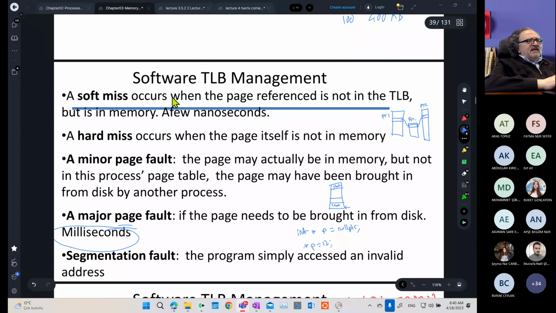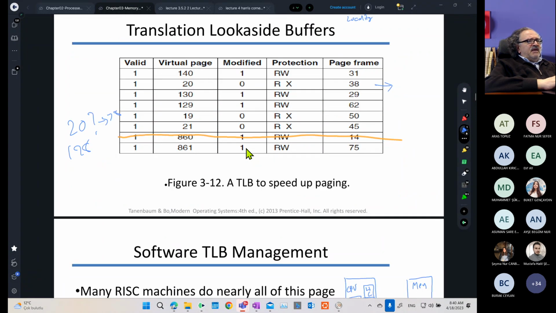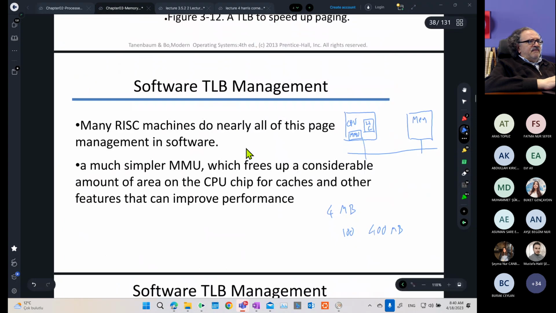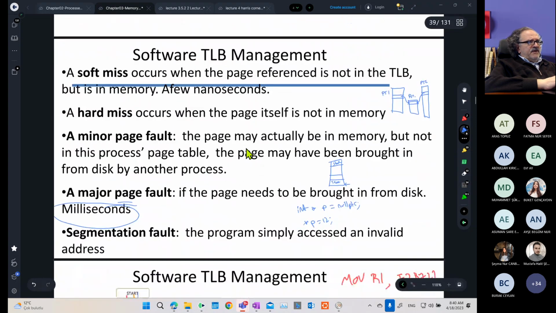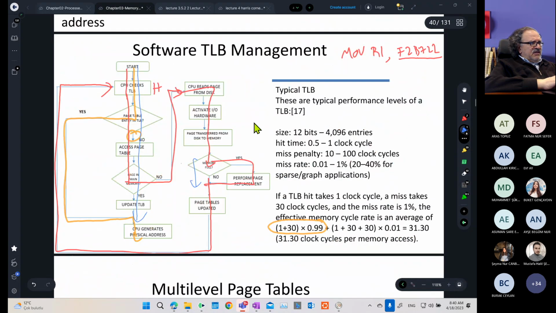Soft miss means that the page I am looking for is not in the TLB, but the page is in the memory. All I'm going to do is just update my page tables and TLB, and I am done. This red line I don't like.